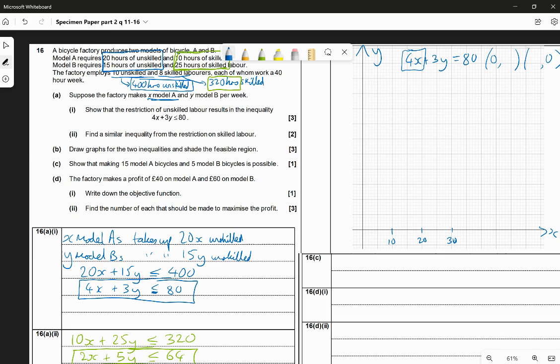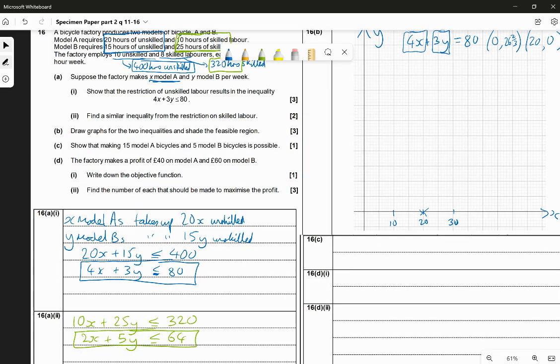And so y is 80 divided by 3, or 26 2/3. And similarly, when y is 0, 3y is 0 and 4x is equal to 80, so x would be 20. So I know I'm going to have an x-intercept of 20, and a y-intercept of 26 2/3.